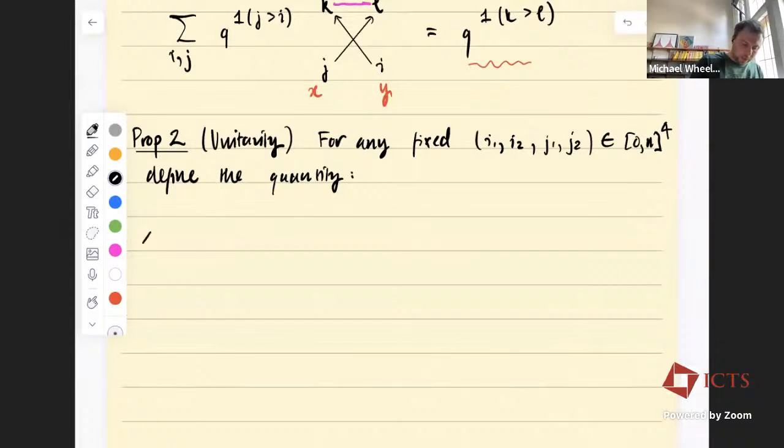I'll write it as U of I1, I2, J1, J2. And it's going to be the following object.